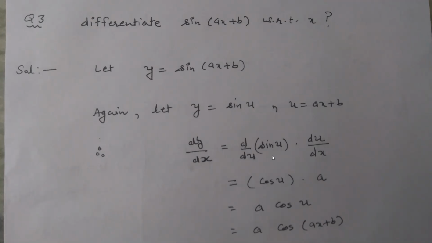This is the derivative of sin u with respect to u, thereafter the derivative of u with respect to x. The derivative of sin u is cos u. That of u is a, because the derivative of ax is a, the derivative of b is 0. So lastly we can write it as a into cos u. Inserting here the original value of u, which is equal to ax + b, the final result becomes a cos(ax + b).